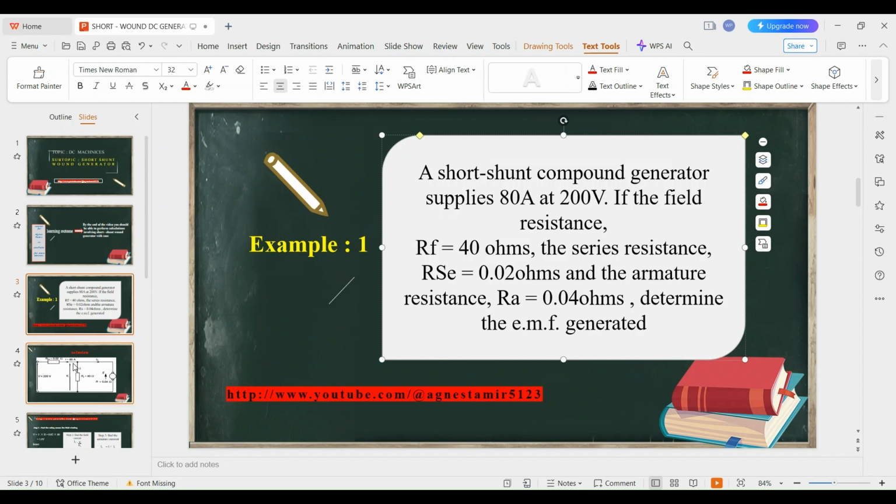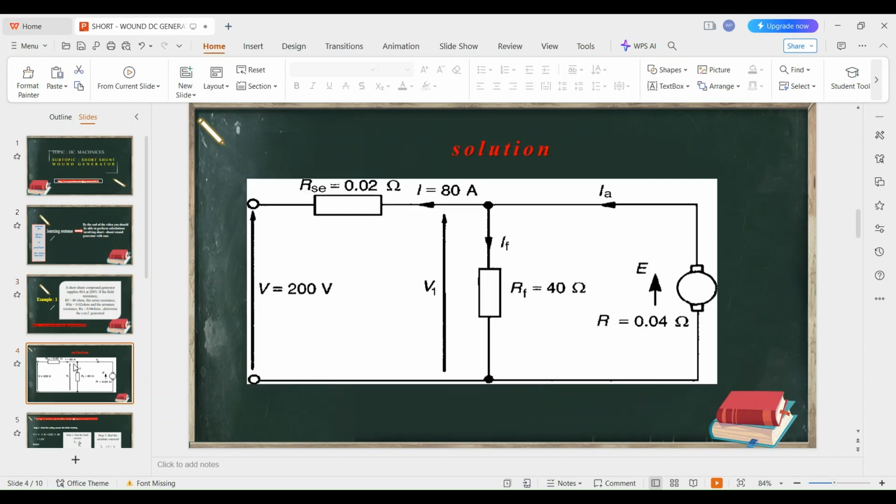Let's look at the solution, and we shall start by drawing the circuit diagram. Here is our circuit diagram for that problem. The series resistance RS is 0.02 ohms, and the current through that resistance is 80 amperes. We have IF, the field current flowing through this resistance. And we have another current, IA, flowing out of the armature winding.